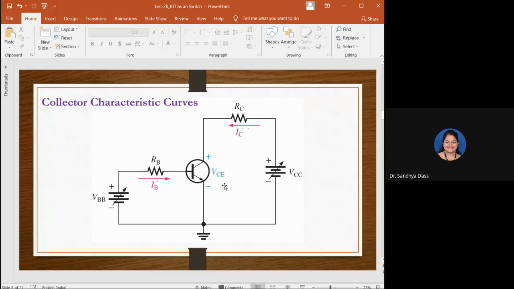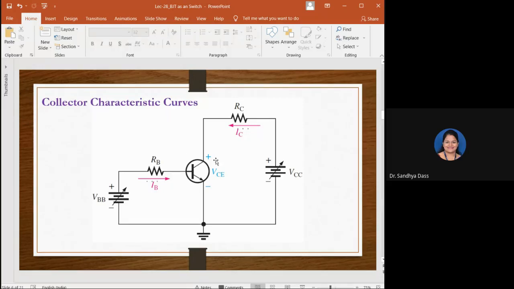Now, if we are plotting a graph where the collector current varies with the voltage VCE for a particular value of, say, base current. Base current is your input current, right? That would give you the output characteristics, also called collector characteristic curves.